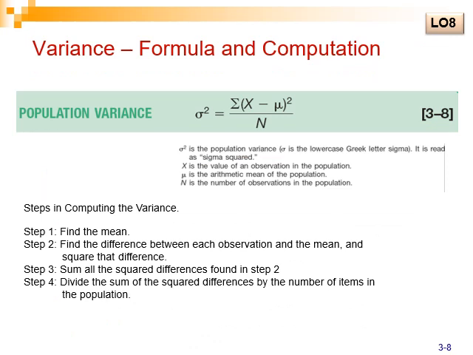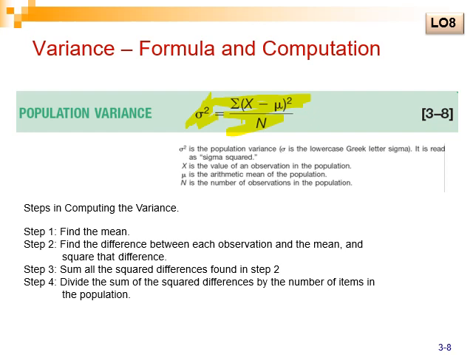The population variance formula is sigma squared, which is equal to the summation of x minus mu, all squared, over n. Please note that sigma is a Greek letter.